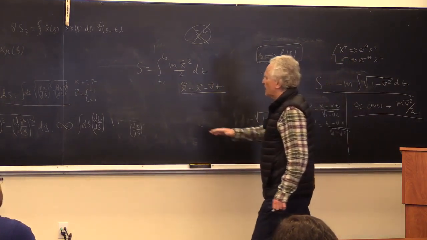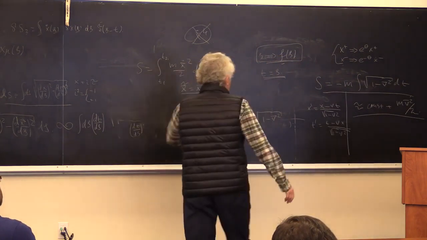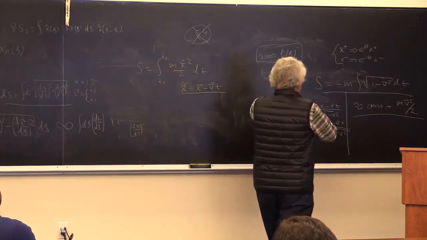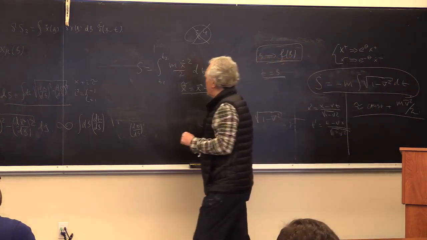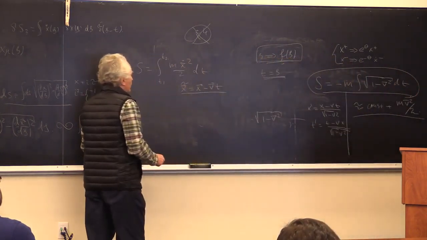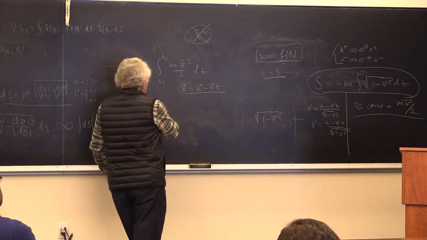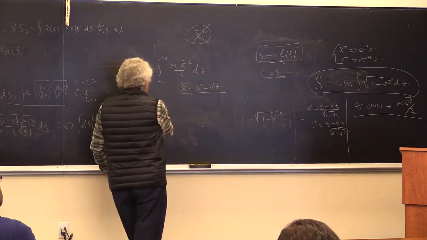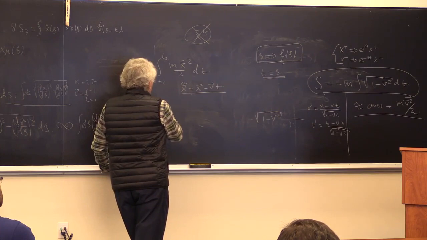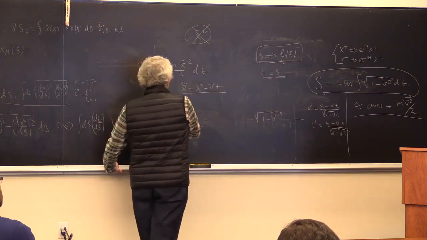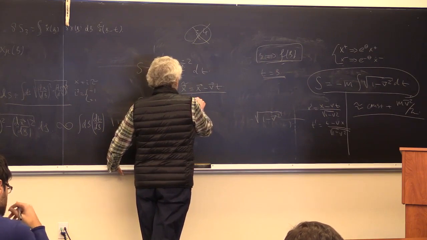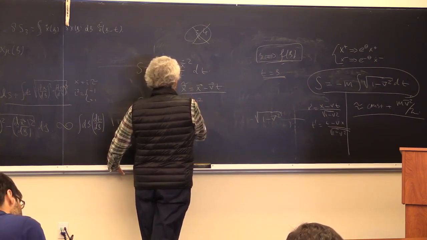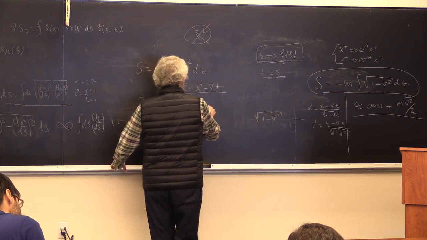Under a Lorentz transformation, this expression is explicitly invariant. Under a Galilean transformation, it's slightly trickier. So we see that the new action is the integral of m times x dot minus v, squared, divided by 2, dt.